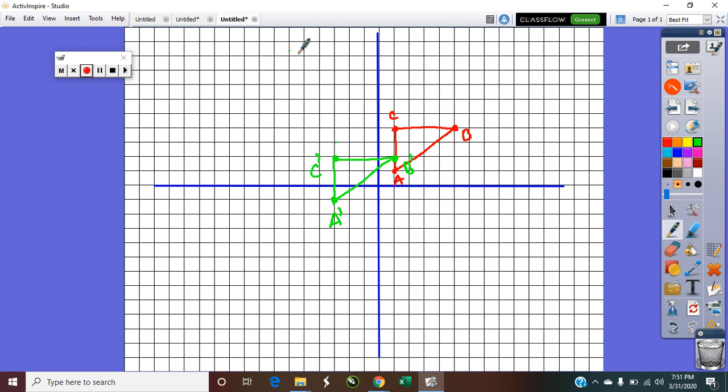So what I want you to do is pause the video, and then in your notes, write down the coordinates of both the original and the new figure. And then I want you to write the rule. Go ahead and pause the video, and then when you finish, press play, and I'll go over those with you.